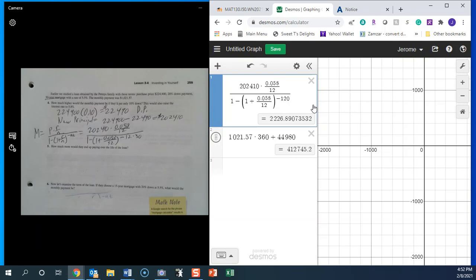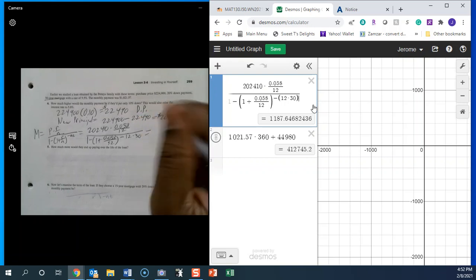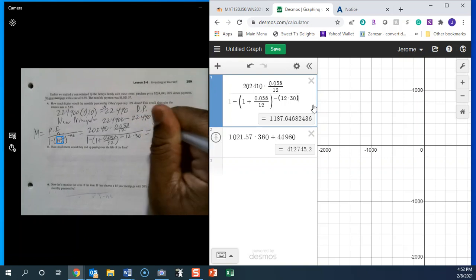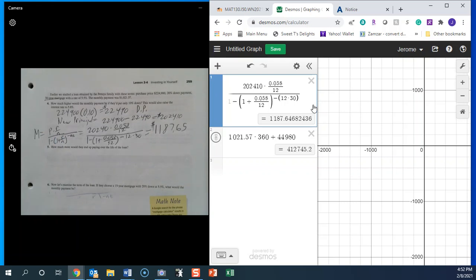And then here, we'll take 12 times, oh, wait a minute. We have to put this in a parenthesis with the 12 times 30. Or you could have just put 360. So the monthly payment would be $1,187.65.